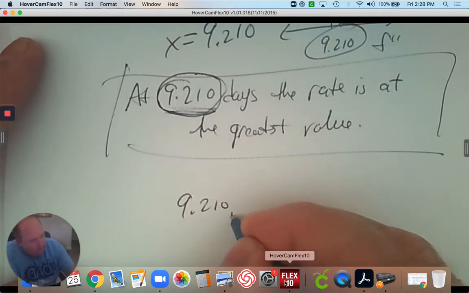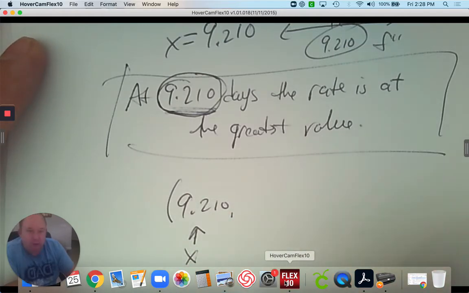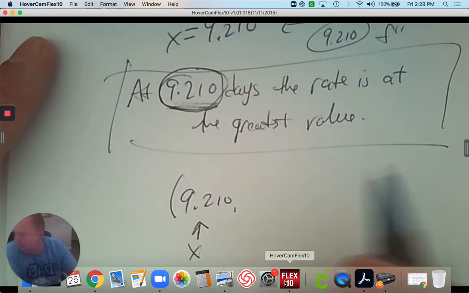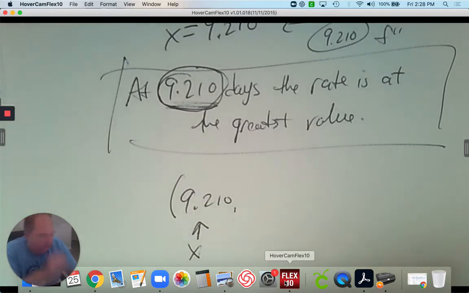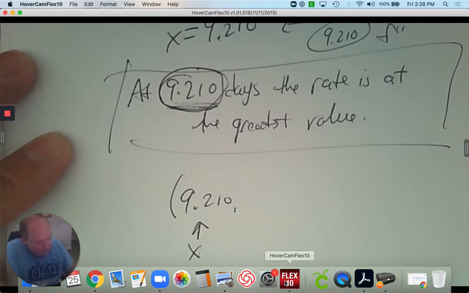So when x is that, that's the greatest for the second derivative. What's the y value on that derivative? I'm doing the second derivative. I need to do the first derivative.